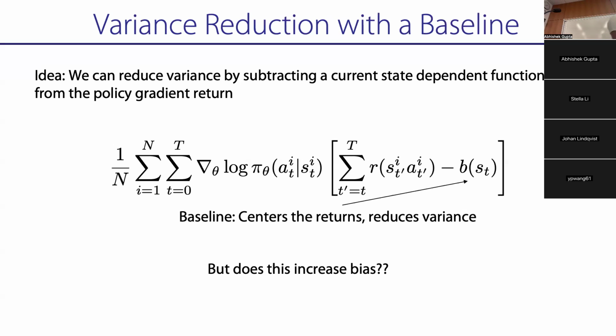Quick question. Why are we using this to normalize the rewards instead of doing something more conventional, like averaging? You do both often. Yeah. So in practice, what you'll do is you subtract the baseline, and you will also average the returns.